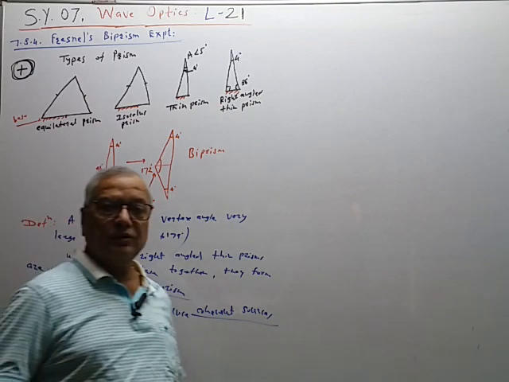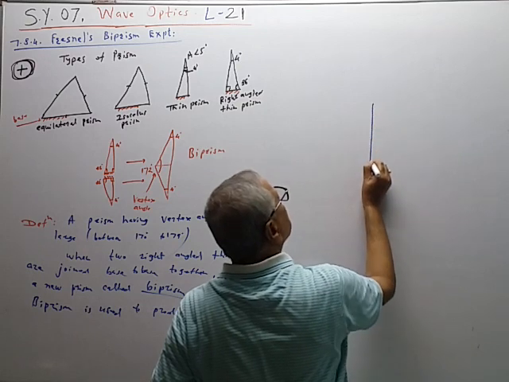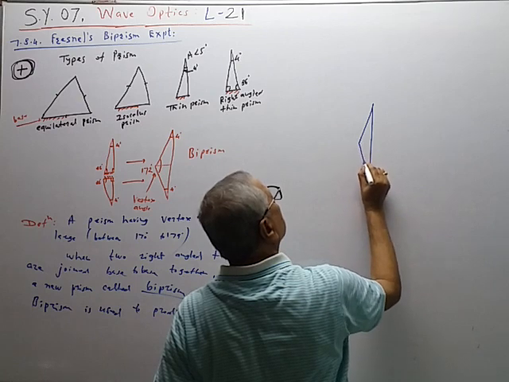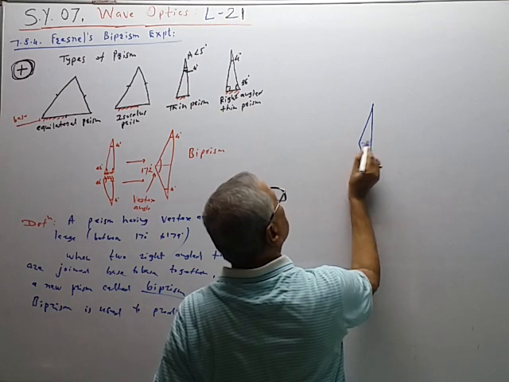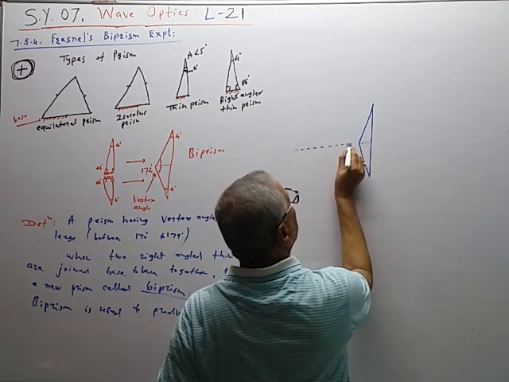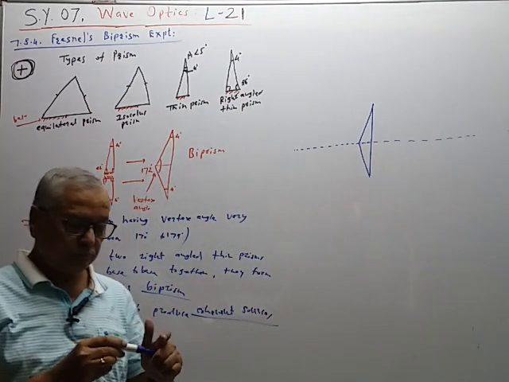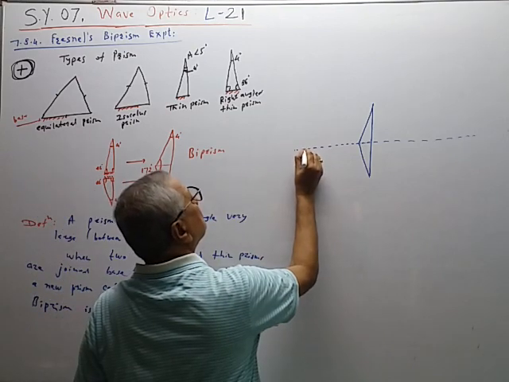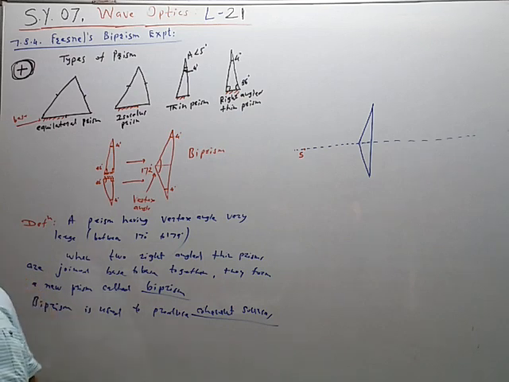So I will use a rough diagram. Suppose this is the biprism. Here is the line where the two bases are joined. This line is called the axis of the biprism. Suppose S is a monochromatic point source of light kept on the axis.